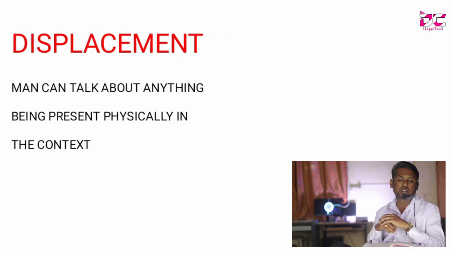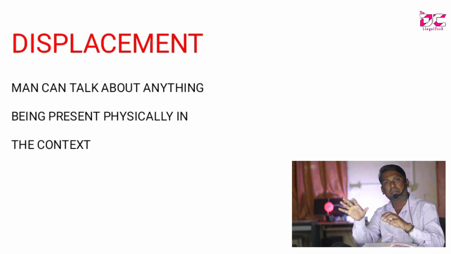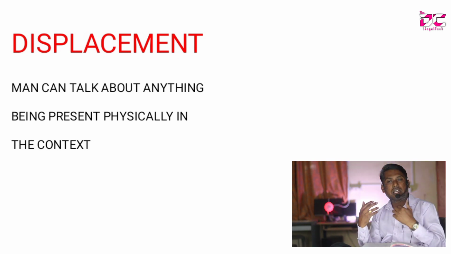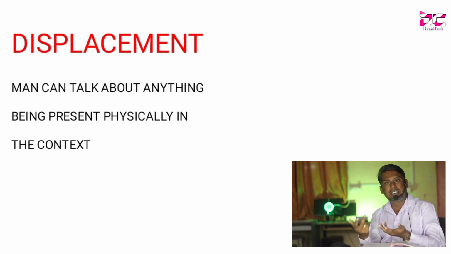So let's move on to the fourth characteristic, displacement. A human being can talk about any situation or anything that happened in his life without being present in that context or place. For example, I can talk about my school, though I am not present in the school. I can talk about my house, though I am not in the house. I can talk about my university, though I am not in the university.